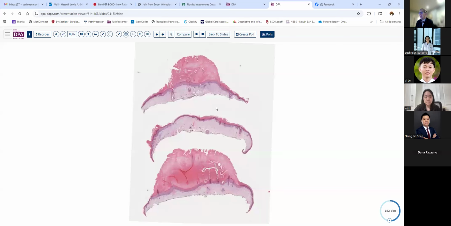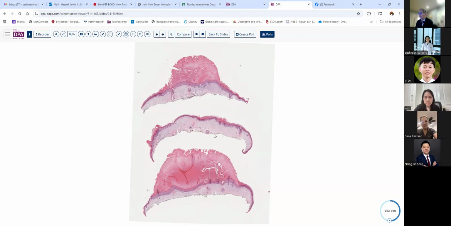Now, can we tell at low magnification what part of the body this is from? I know this is asking a lot, but the thickness of the epidermis may tell us something about the part of the body that it's from. It's not from the palms or the soles.